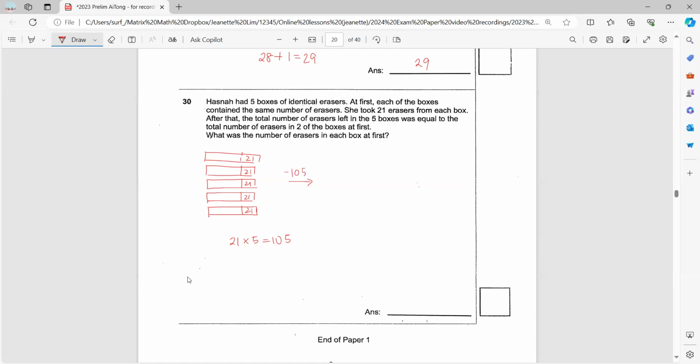What's left? You would have these 5 units left in the end. But they also said that this total number of erasers left is actually the same as the total number of erasers in 2 of the boxes at first. So the amount left is also equivalent to this.